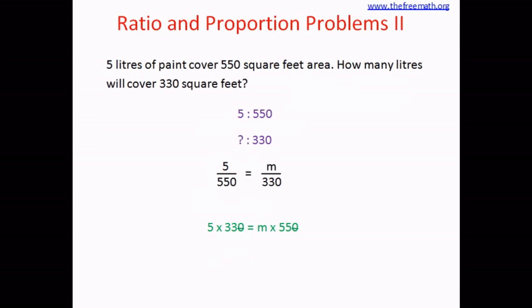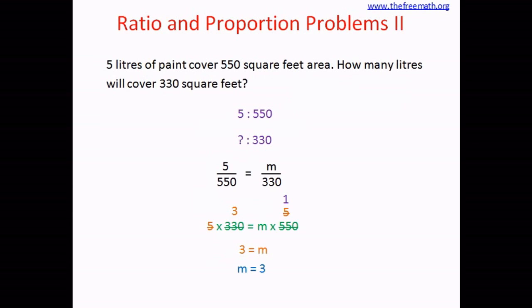So let's divide by 11. 11 threes are 33 and 11 fives are 55. Now you can see that both the sides can be divided by 5. So let's divide by 5 and cancel out 5s from both the sides. So what we get is 3 equals m, or m equals 3.